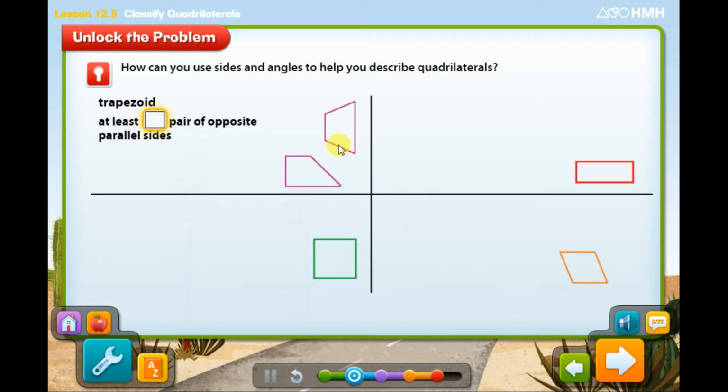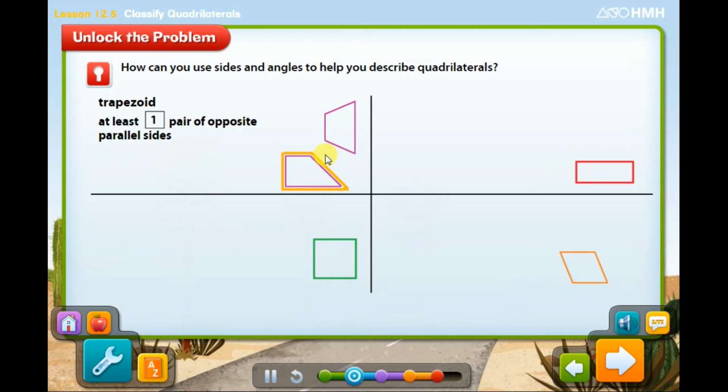So two sides means only one pair. So it has only one pair of opposite parallel sides. And this is the benchmark for the trapezoid: any trapezoid has only one pair of parallel sides, meaning only two parallel sides.